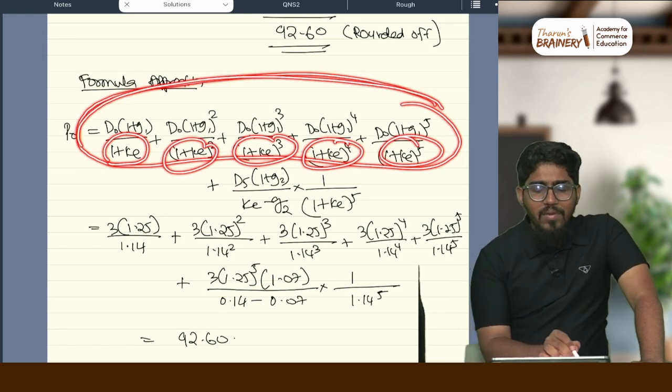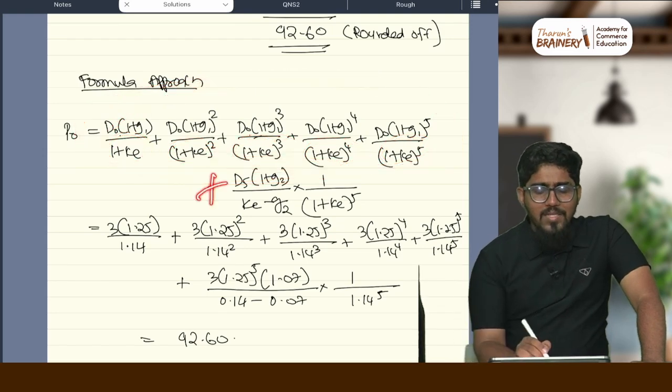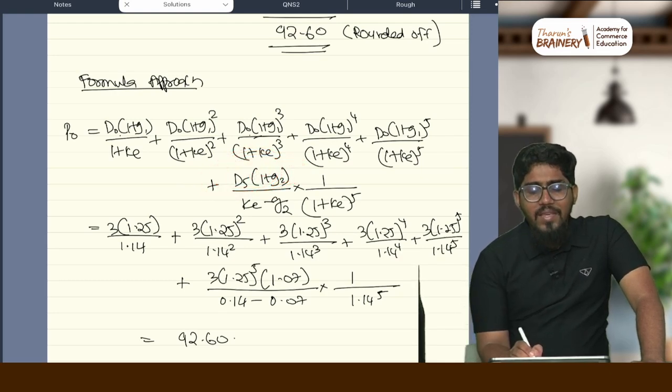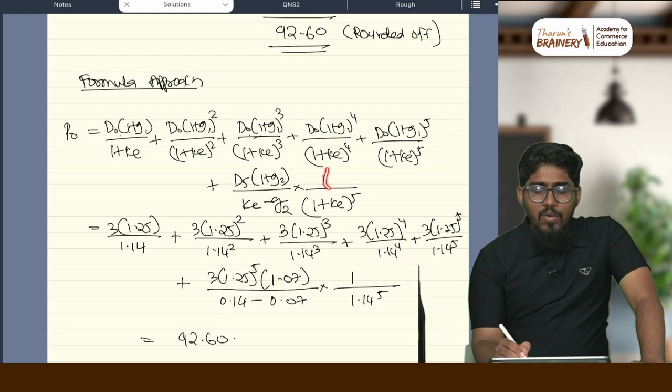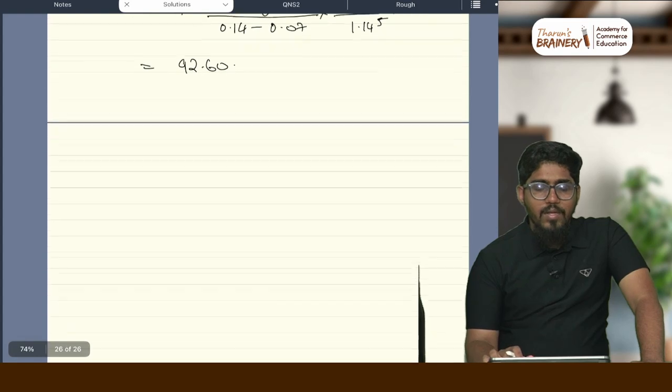So for the first 5 years you are just doing the present value. Plus D5 into 1 plus G2, which is nothing but D6 divided by K minus G2, the second growth rate. You have to discount this to the 0th year, right?